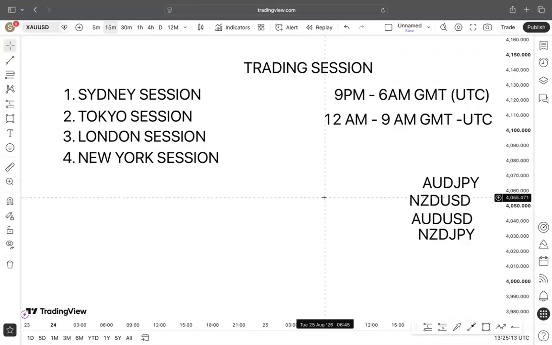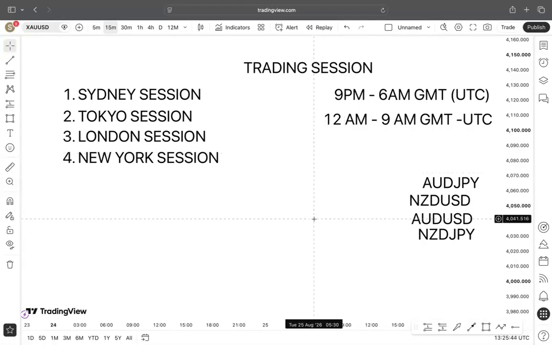Remember, I said that the trading sessions open and close at various intervals, and most of the sessions overlap each other to allow trading activities to continue throughout the day. So the Tokyo session overlaps the Sydney session for 6 hours, allowing continuous market activity. Trading activity in the Tokyo session is generally moderate, just like the Sydney session.